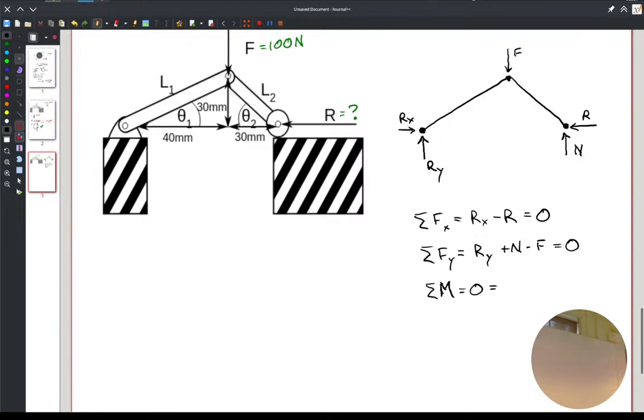And that one works great when you only have forces in this. So if you ever have a torque applied, that sort of breaks down something. That one doesn't really matter.